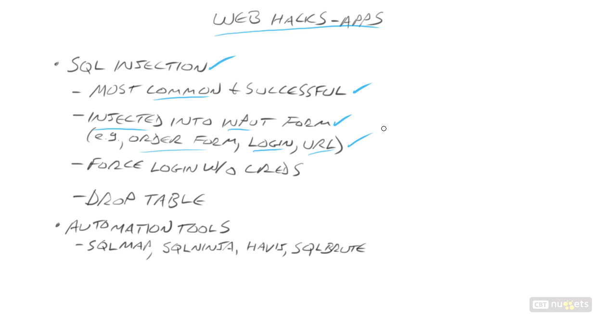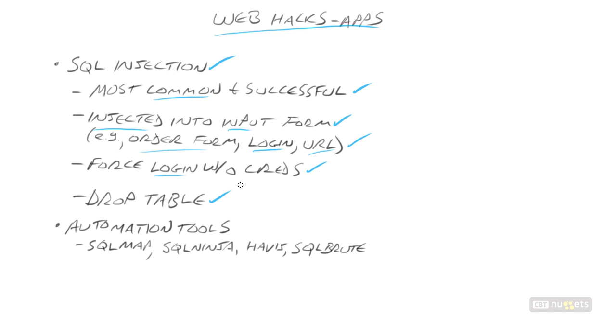And there are a few different things that you could cause to happen with this. A couple of examples would be that you could force a login without even having any credentials. So we might see here coming up a login attempt that I would do without even knowing the password, and yet I can still get in as maybe an administrator's account. I could drop a table. Now, this would dump out, for example, the contents of a database, and you just have to specify what data it is that you want.